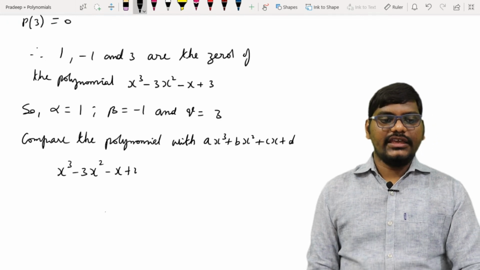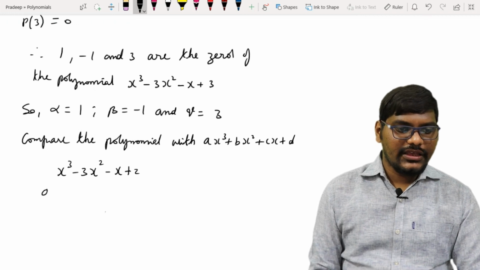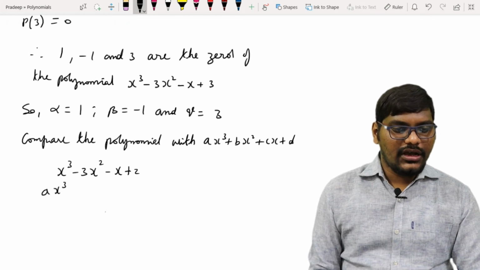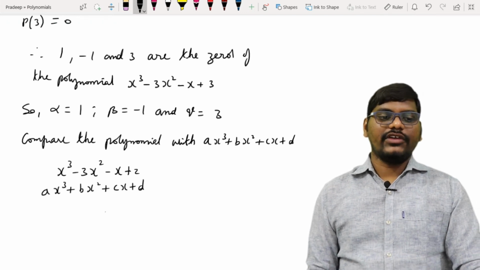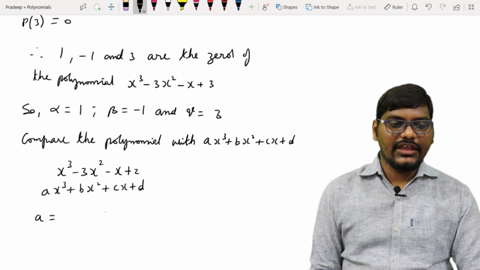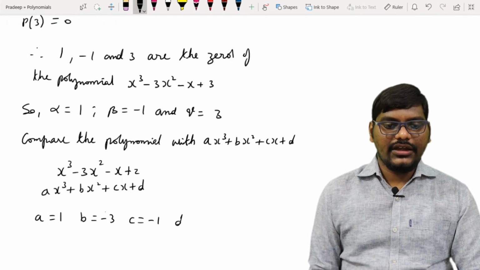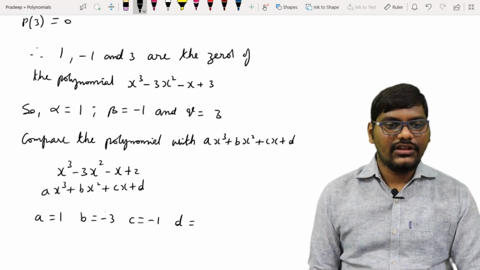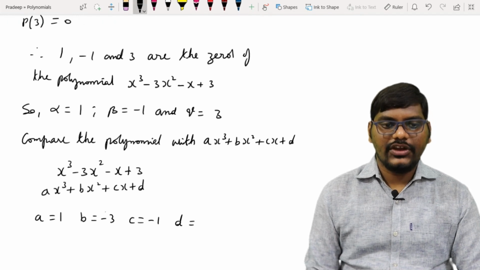This is the given expression. I'll compare this with ax cube plus bx square plus cx plus d. Once we compare, we are getting a as 1, b as minus 3, c as minus 1, and d as 3, it is not 2, it is 3.